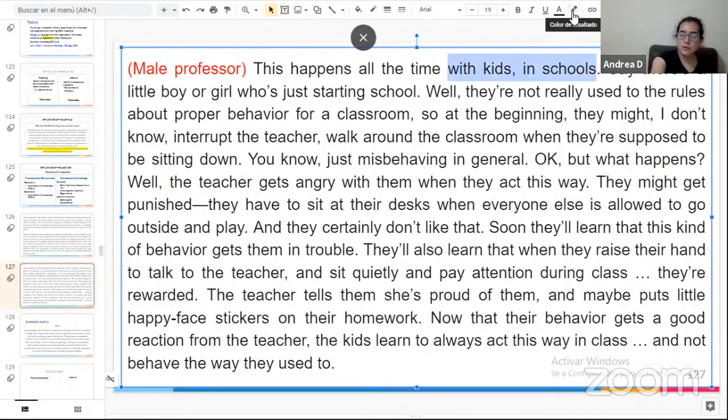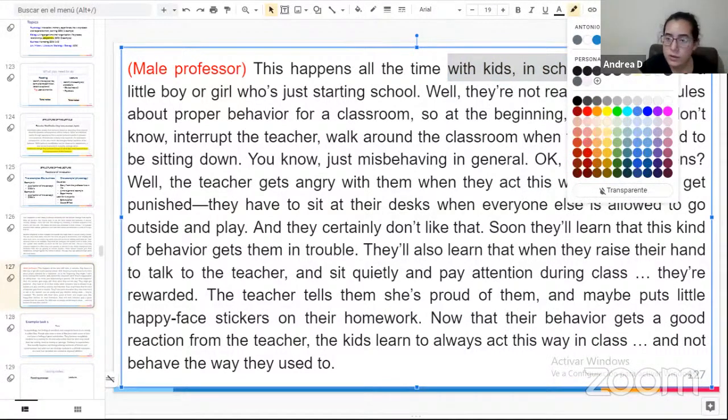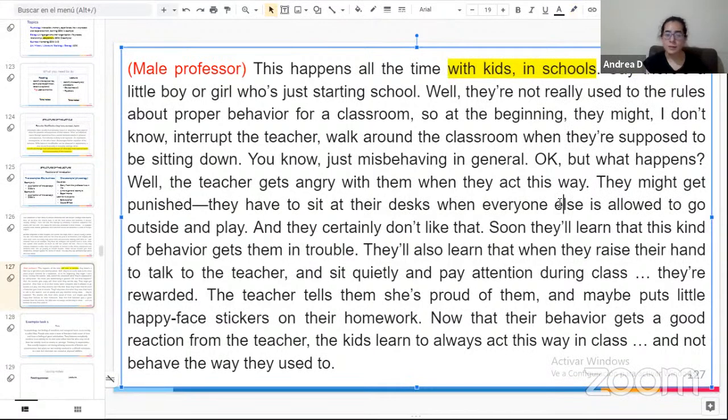Okay, exactly. So the behavior or how kids do this in schools. Okay, so what's the example about? What happens? How do they modify their behavior?